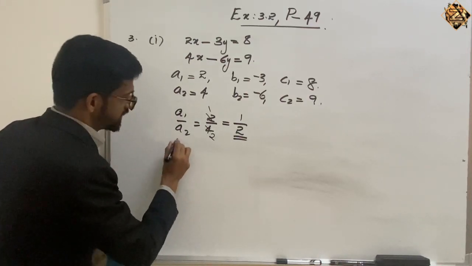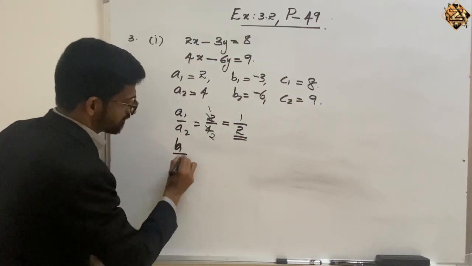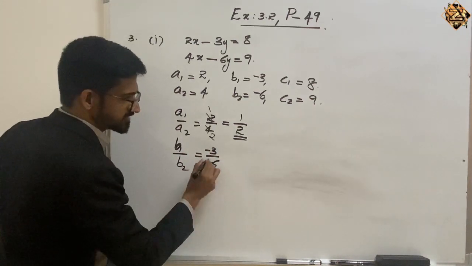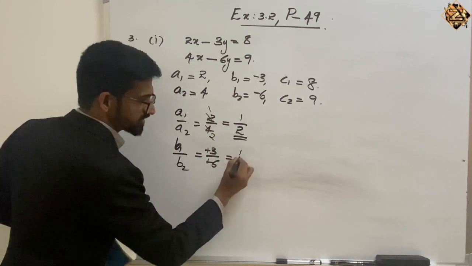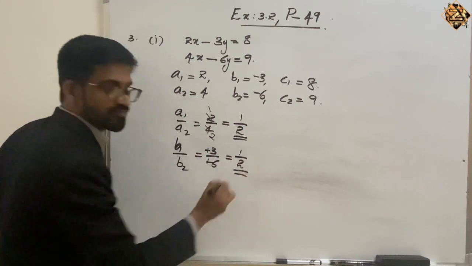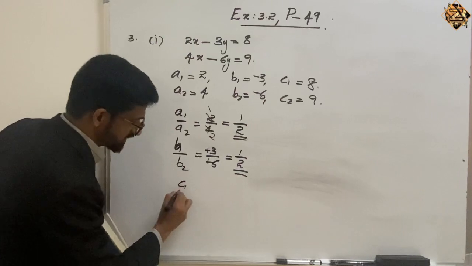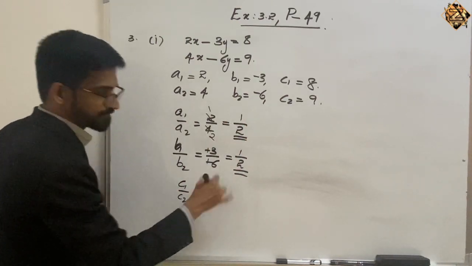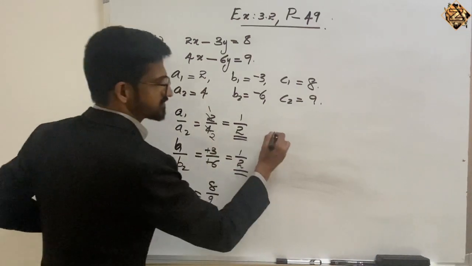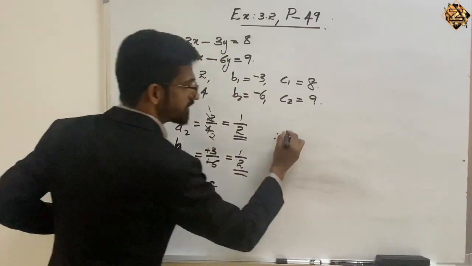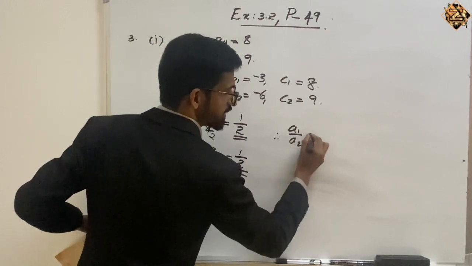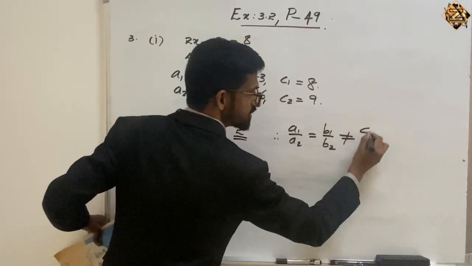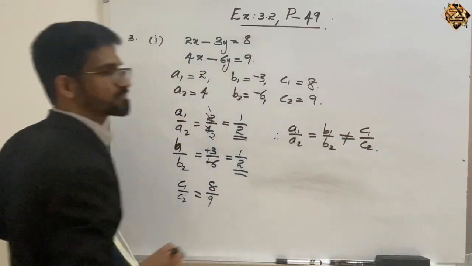Similarly, b1 by b2 is minus 3 by minus 6, which is also equal to 1 by 2. Now c1 by c2 is 8 by 9, which we cannot cancel further. So we can say that a1 by a2 equals b1 by b2, which is not equal to c1 by c2.